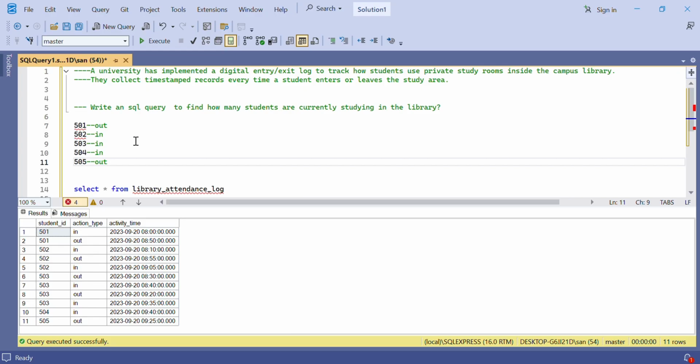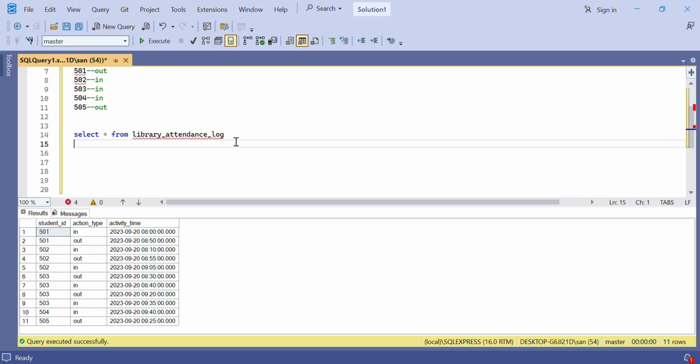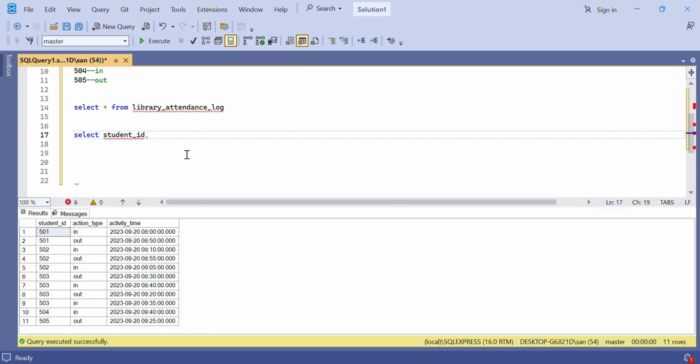So let's write a query to identify those students inside the library. Select student ID. First of all, for us to get the students who are inside the library, we'll have to find the latest in time and the latest out time, and then we compare the latest in time and the latest out time.